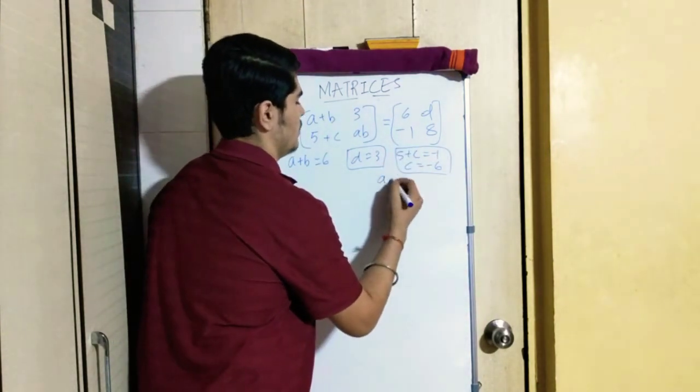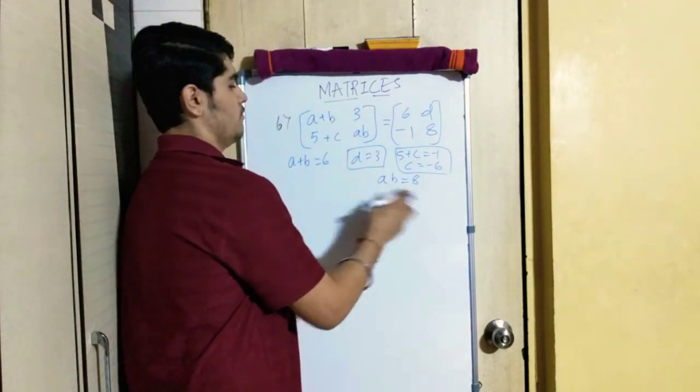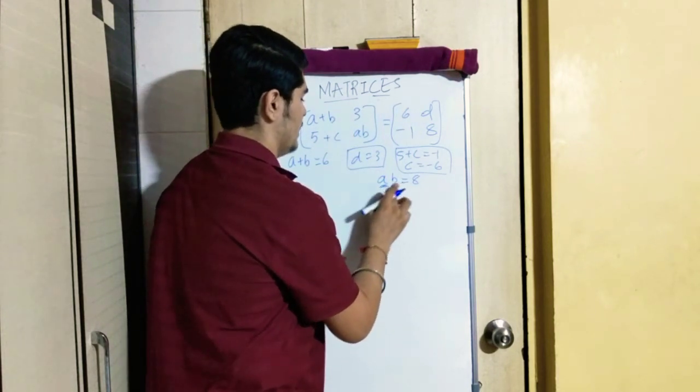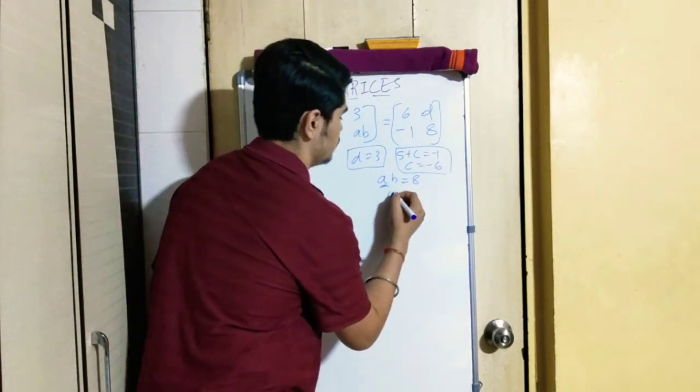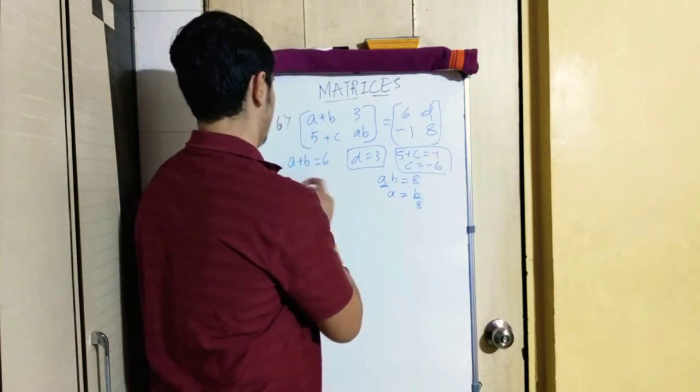Now ab is equal to 8. Now you can make one of them the subject, that is you can make a the subject or b the subject. I am making a the subject, so a is equal to 8 upon b. So we substitute the value of a here.